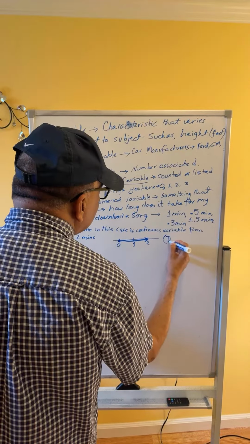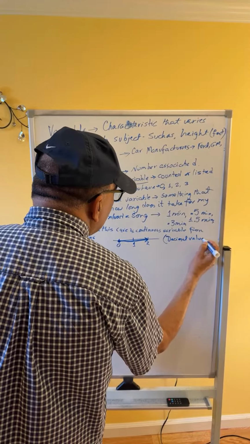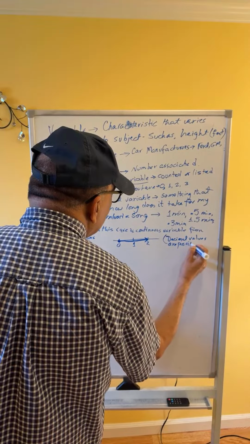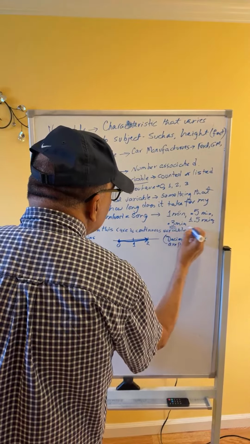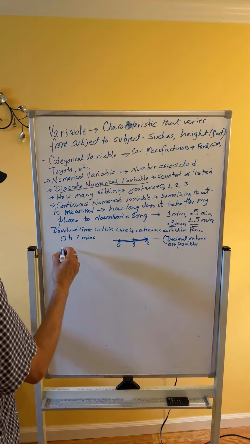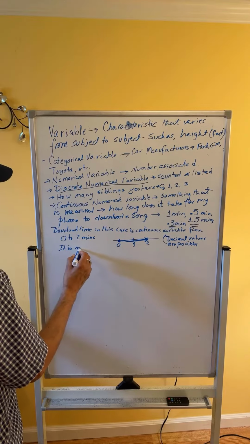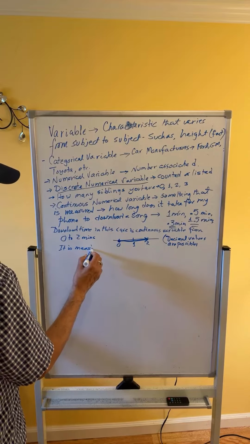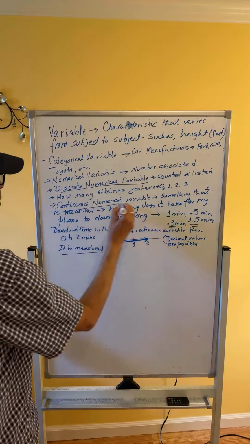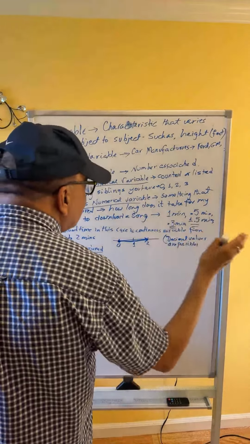Decimal values are possible in this interval, like 0.3, 1.5, and you are measuring it. It is measured, not counted or listed. That's a continuous numerical variable, whereas with a discrete numerical variable, you count, you list, and you have whole numbers.